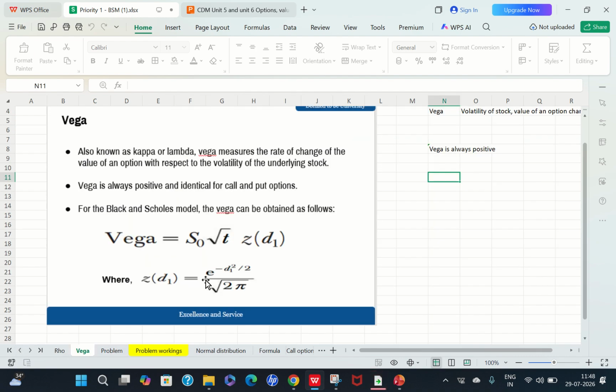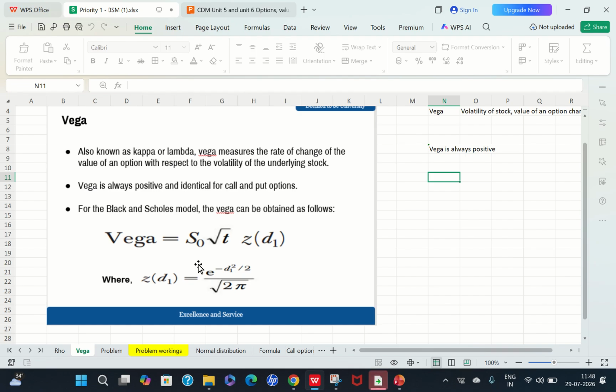So for Vega, it is S0 into root T into ZD1. The ZD1 formula applies the same for all delta, gamma, theta, rho and Vega. So e to the power of minus D1 square divided by 2, divided by root of 2 pi.